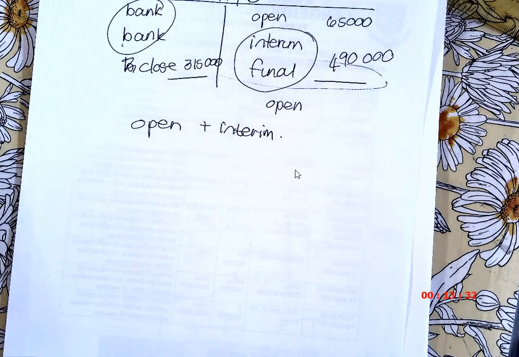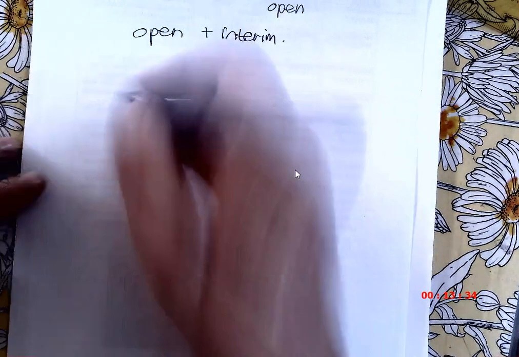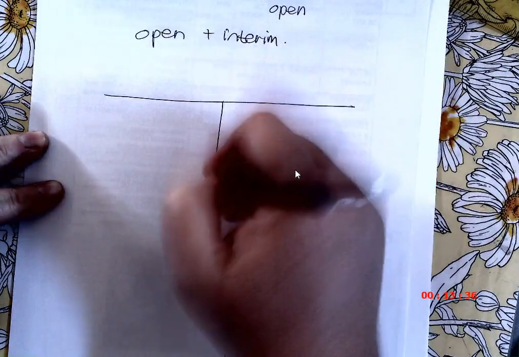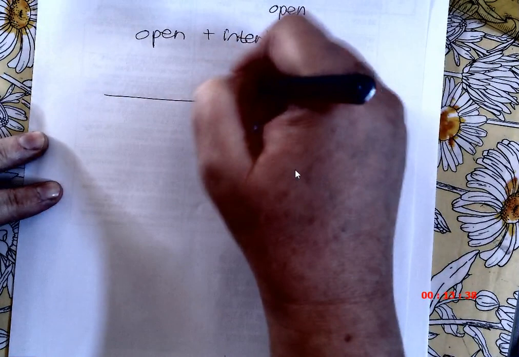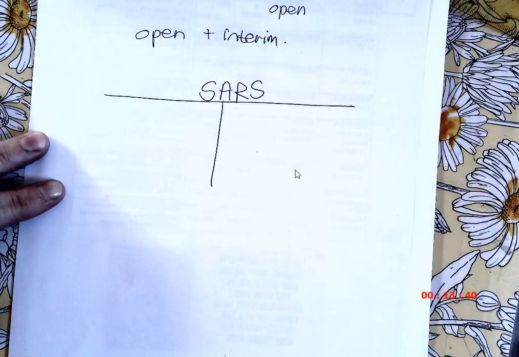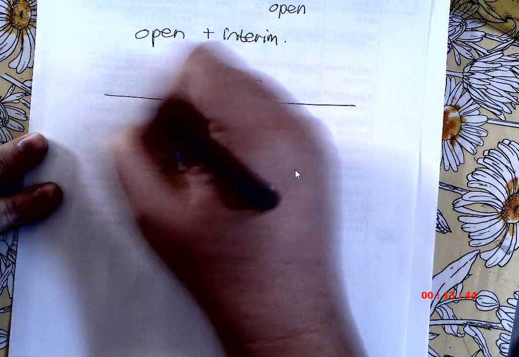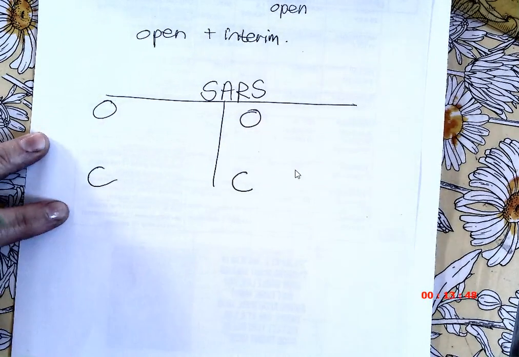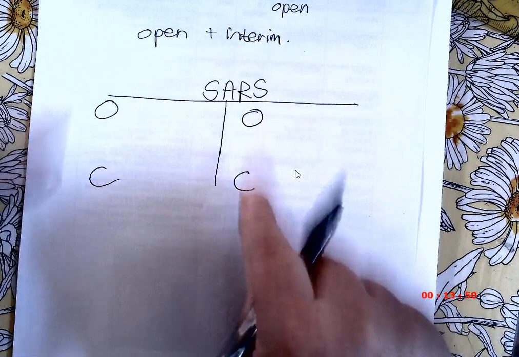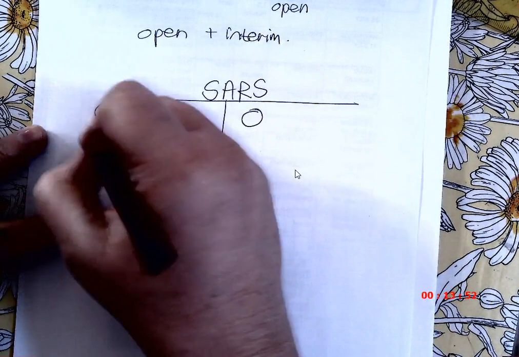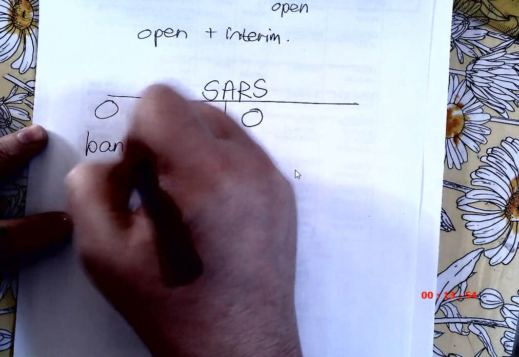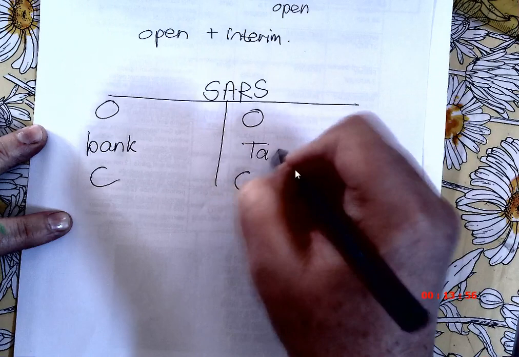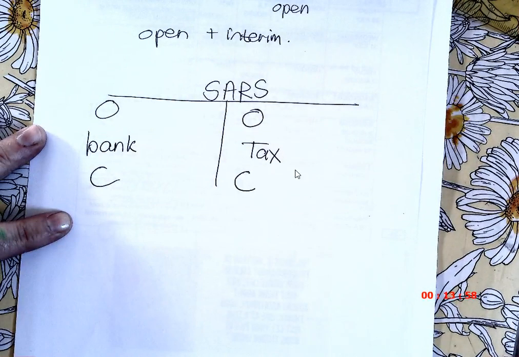Okay. Now, tax, my good old friend, jumps, because I can have an opening and I can have a closing. Can be either sides, but your bank and your tax are always on the same sides.